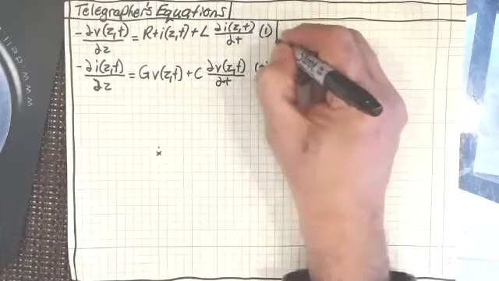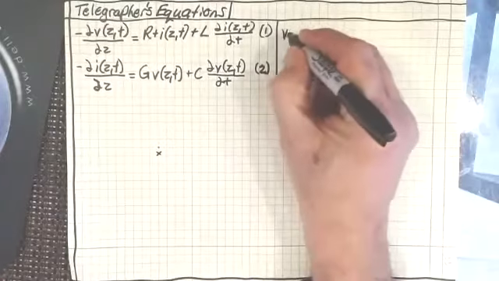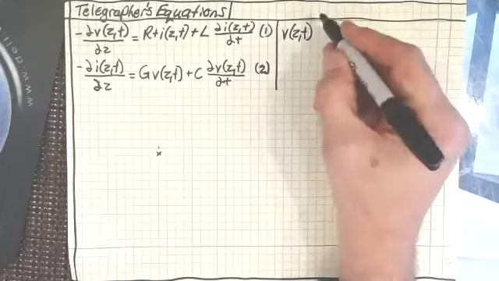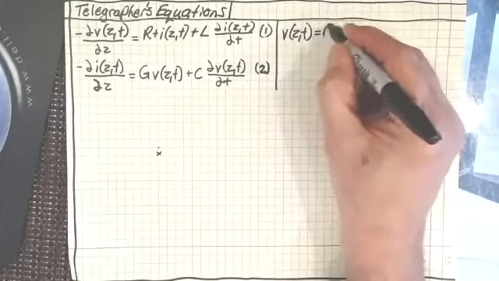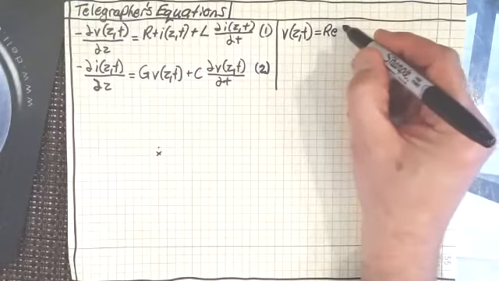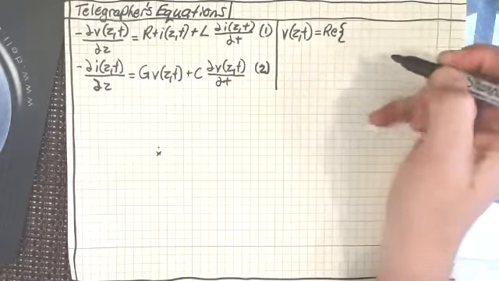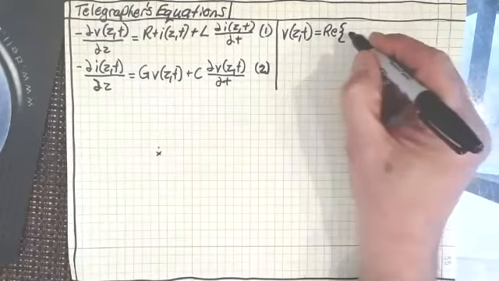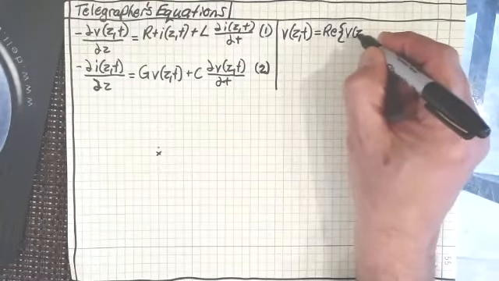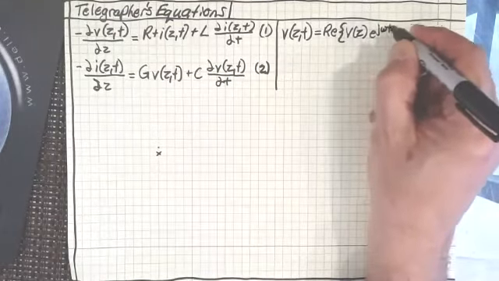I'm going to say that when we look at the function v as a function of z and t, that's going to equal the real part of a function of voltage as a function of z, and then e to the j omega t.